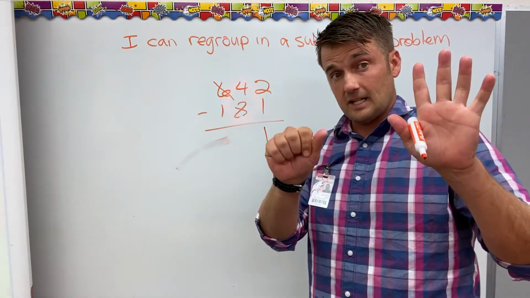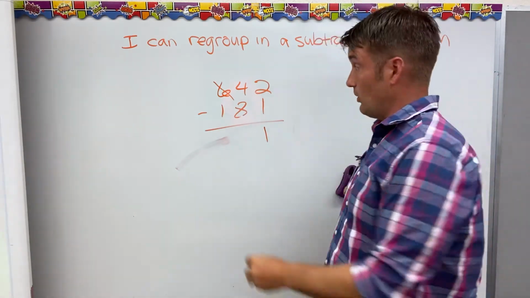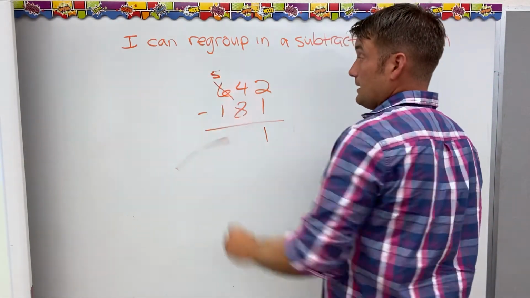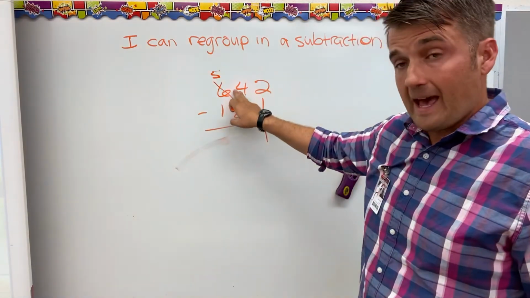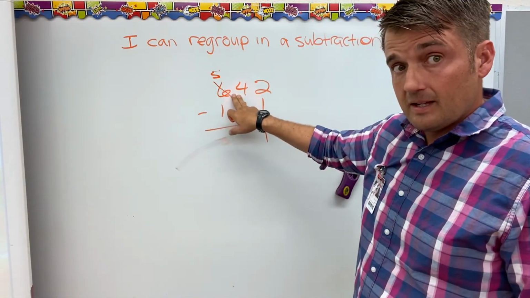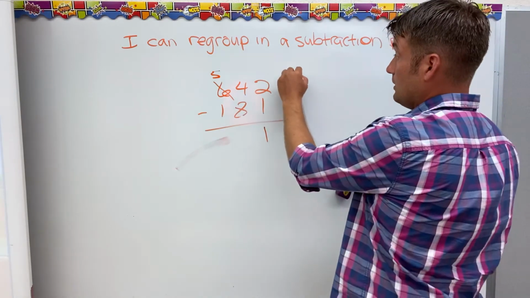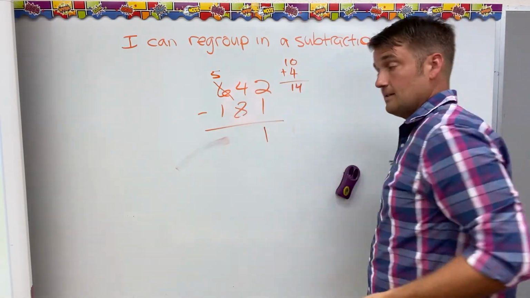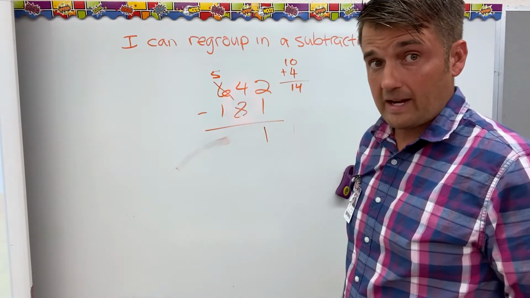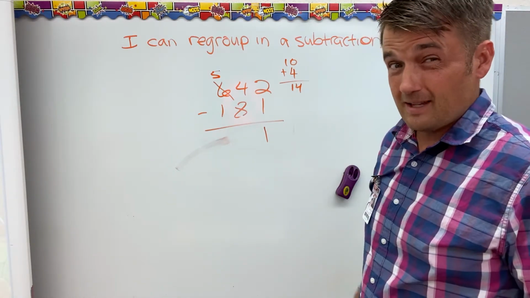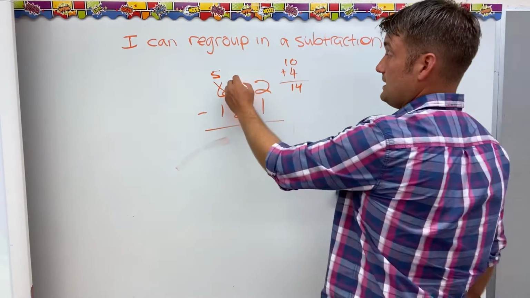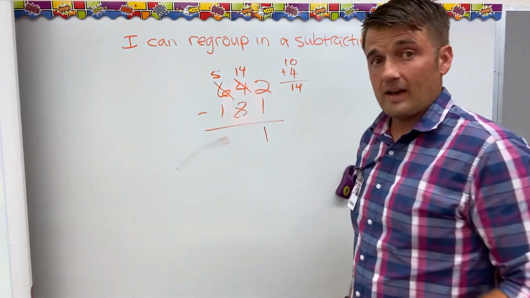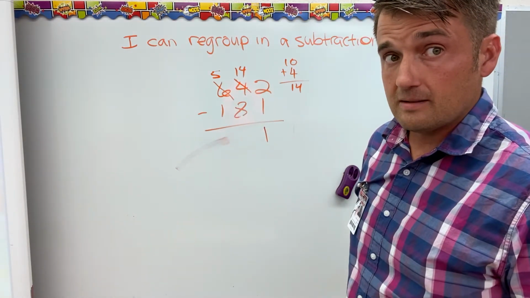He gives away 1, now he's 5. It always goes down 1. And then here I'm going to add 10. So 4 plus 10, we talked about how you always just put a 1 in front of it because when you're adding 10, that's what happens. So 14, and now I have enough to subtract.